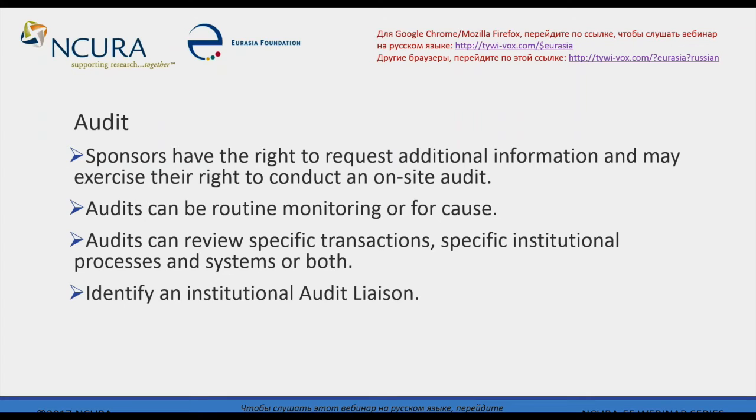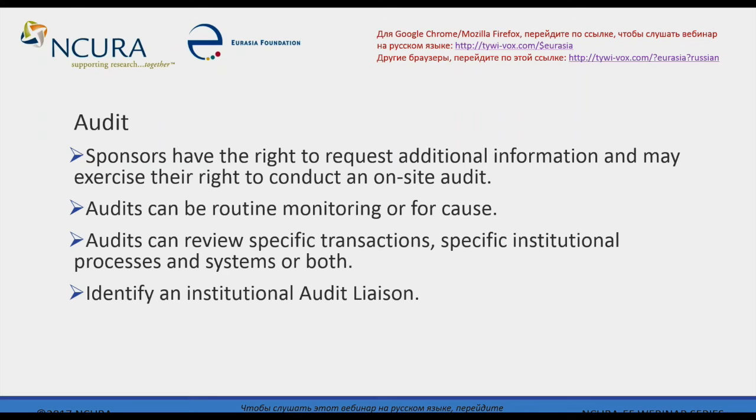So we were required to provide documentation on our inventory system, as well as provide records on specific pieces of equipment, where they were located, how they were tagged, who to indicate the proper owner, and how we disposed of property after it was no longer needed at our institution. Audits can look at those types of things separately or together.